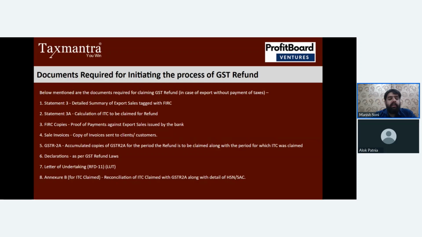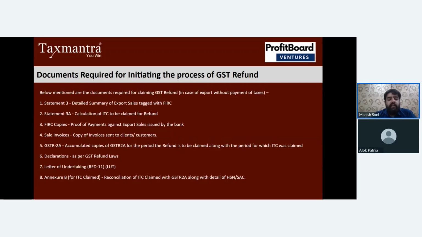So the first document is statement 3 and the second document is statement 3A. While you make a GST refund application, these 2 documents are actually not required to be attached, but this is a specific requirement from the officers and they want these documents in PDF format. So what is statement 3?